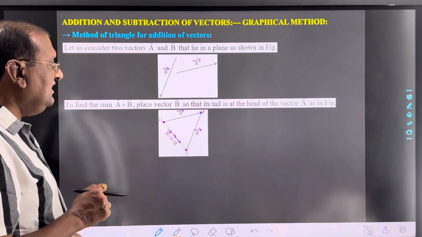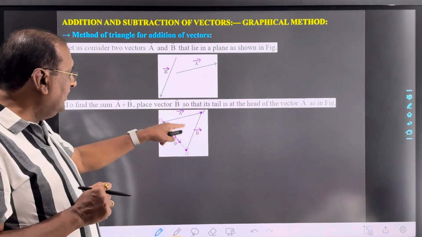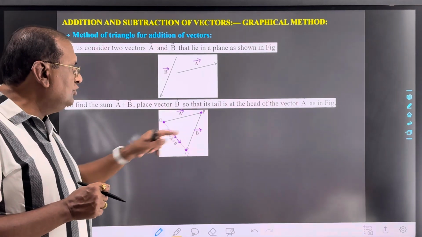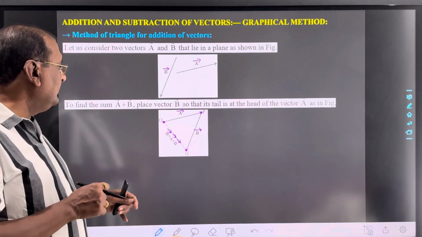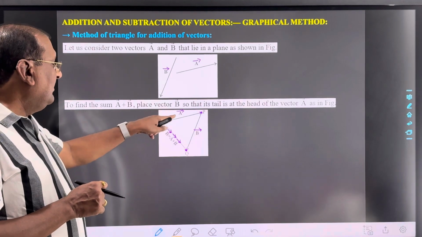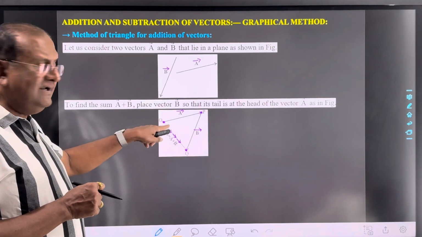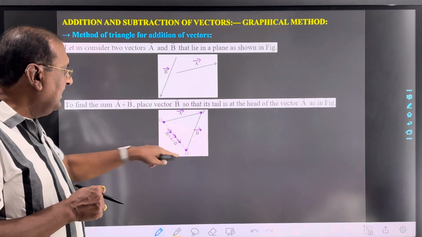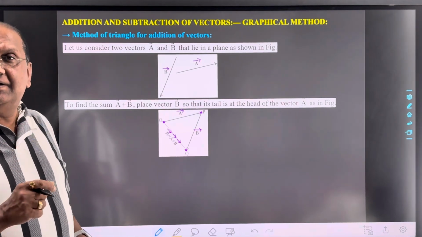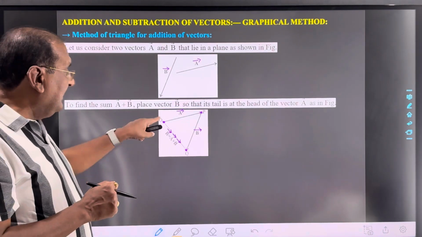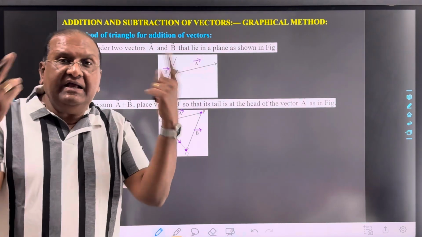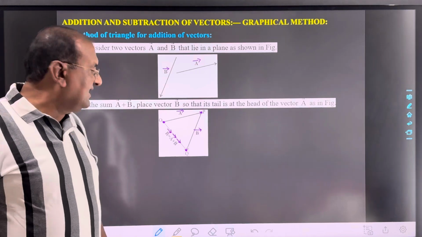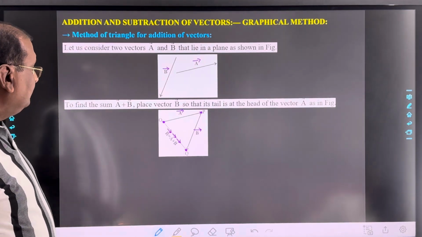So in general here we can say this thing, if we want the summation of these two vectors, then we can do one thing, take one vector from any point and then place another vector at the head of the first vector, and then prepare the vector joining the tail of the first vector and the head of the second vector, that is the resultant of these two.